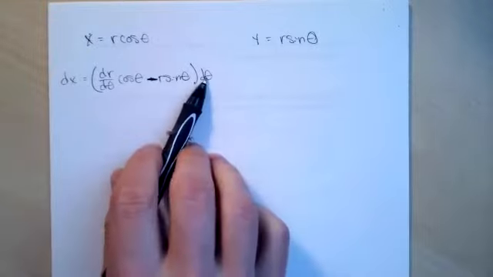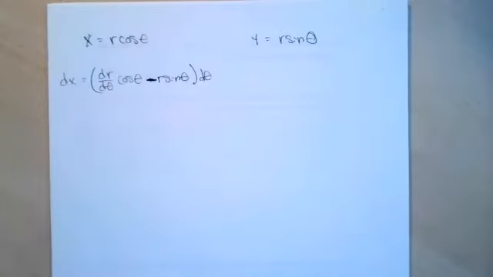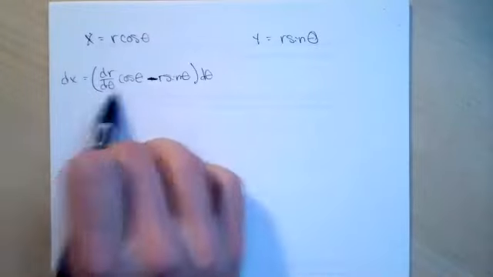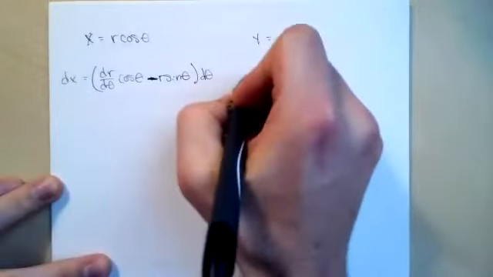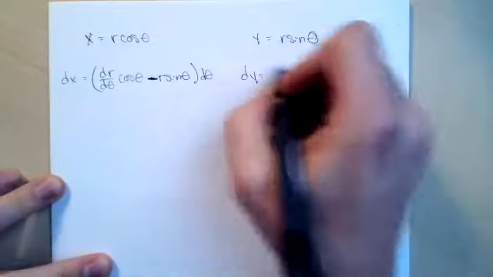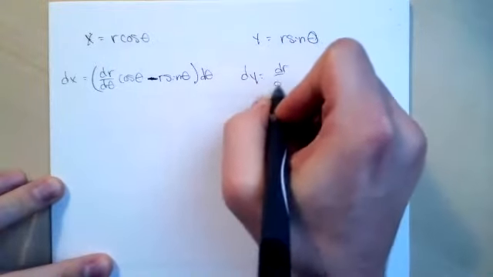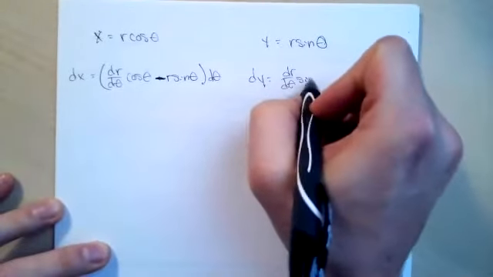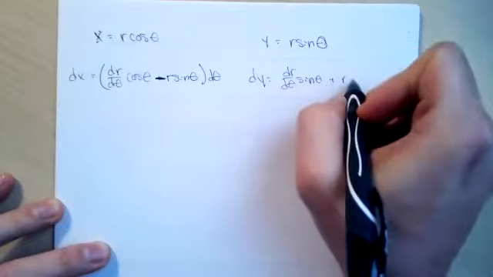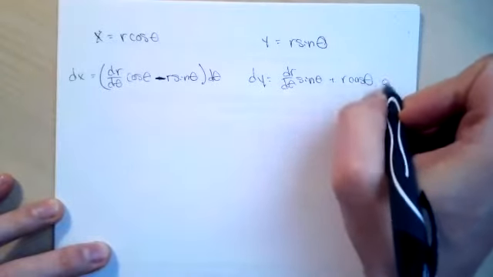If we wanted to, we could divide by the d theta to get dx d theta equal to that equation. Do the same thing with our y: our dy is going to be dr d theta sine theta plus r cosine theta d theta.